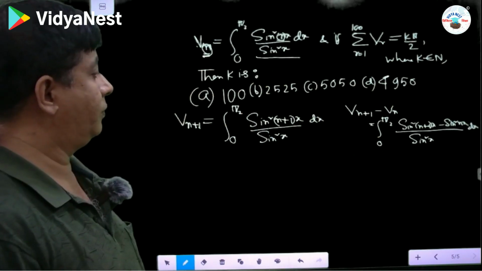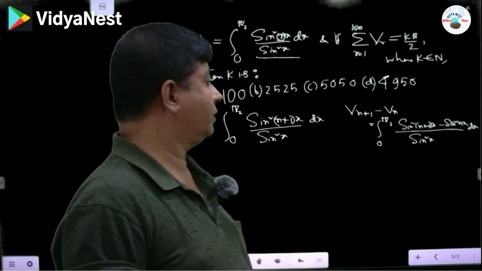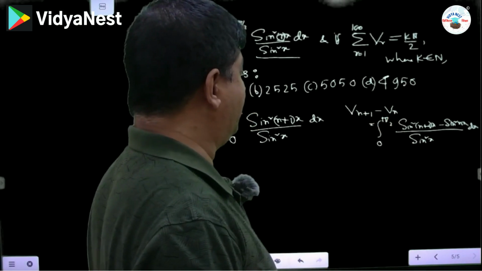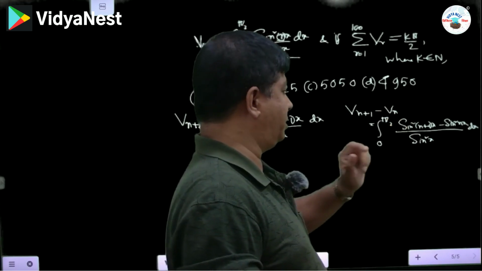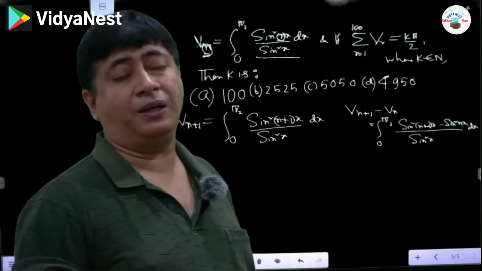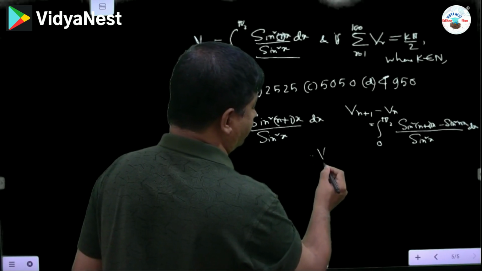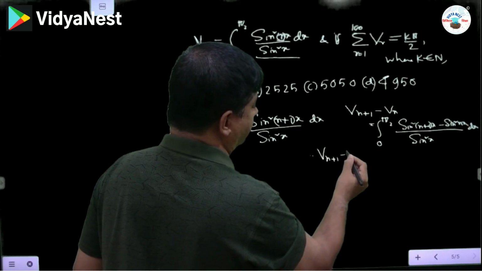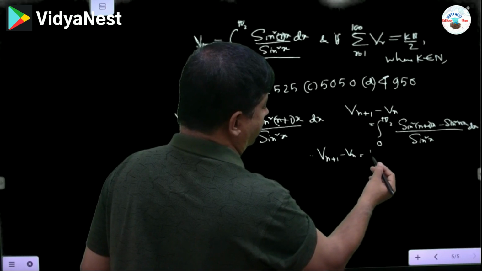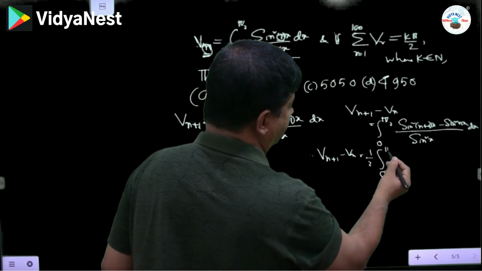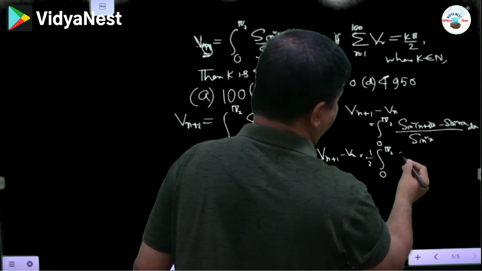Okay, sin Vn plus 1 minus Vn. Now, if you wish, you can use the property of multiple angles. What is that? You introduce half and multiply the whole by 2.